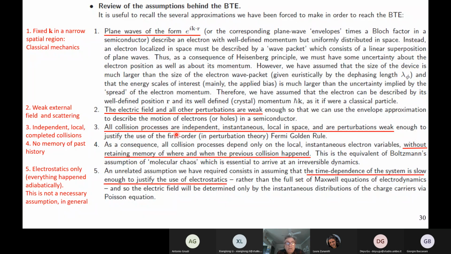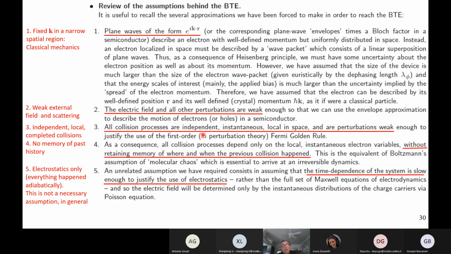We also assume that coming from the Van Hove limit, we lost time reversal symmetry and so on, all processes are instantaneous, independent from one another. There's no dependence on the back history. And again, the perturbation is weak, and they're local in space. This is another major limitation.